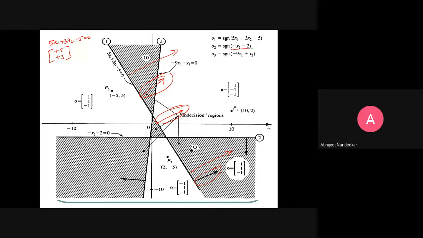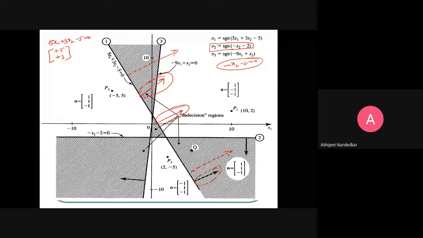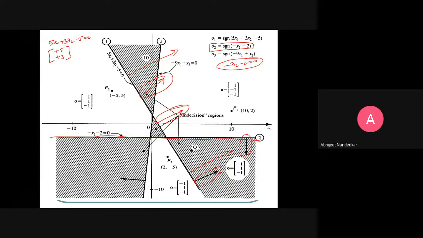For the second line, minus x2 minus 2 equal to 0, if you plot this, this is the line, and where is the positive side of this line? You can see here we have drawn this positive side.